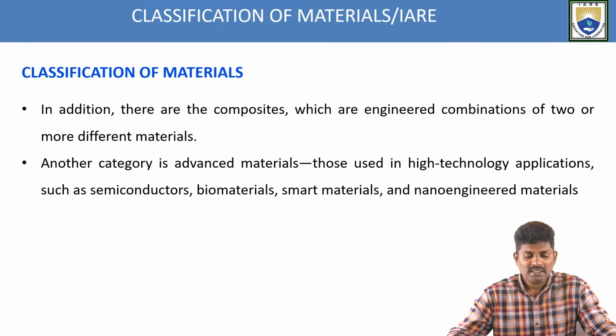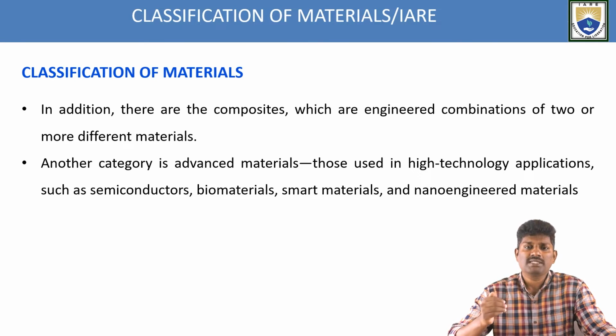Another category in advanced materials are those for high technology applications such as semiconductors, biomaterials, smart materials and nano engineering materials. So based on the application, we are trying to bring out new types of materials. Why? Since we have a lot of applications, the earlier materials we used are not suitable for the current applications.